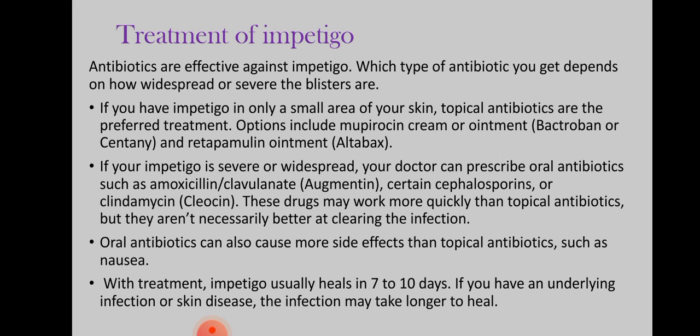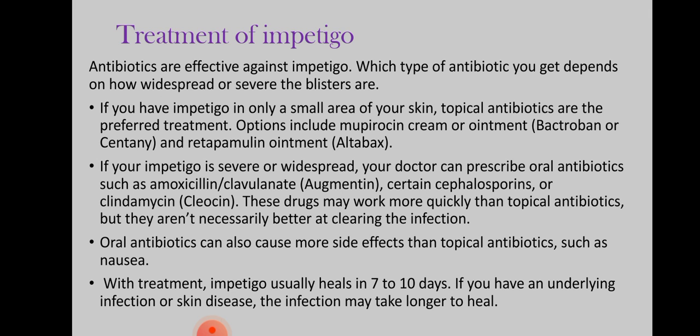If your impetigo is severe or widespread, your doctor can prescribe oral antibiotics such as amoxicillin, certain cephalosporins, or clindamycin. These drugs may work more quickly than topical antibiotics, but they aren't necessarily better at clearing the infection.